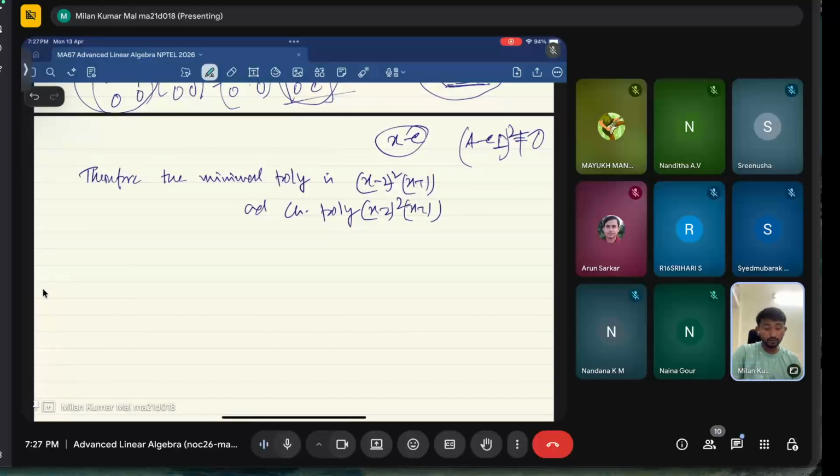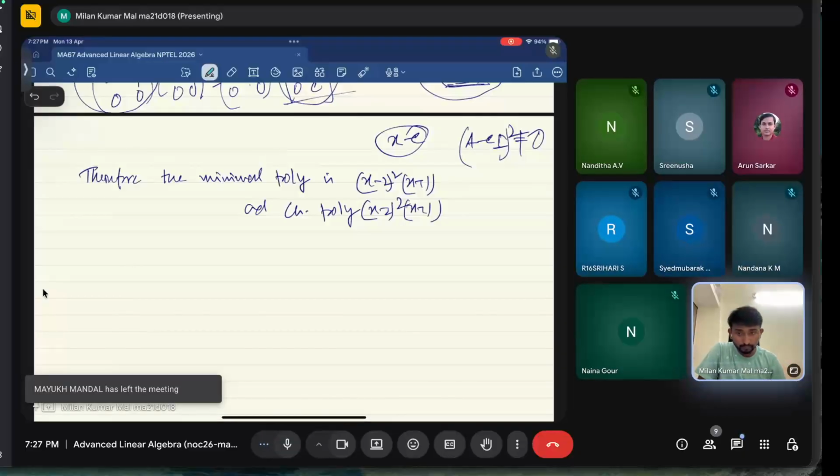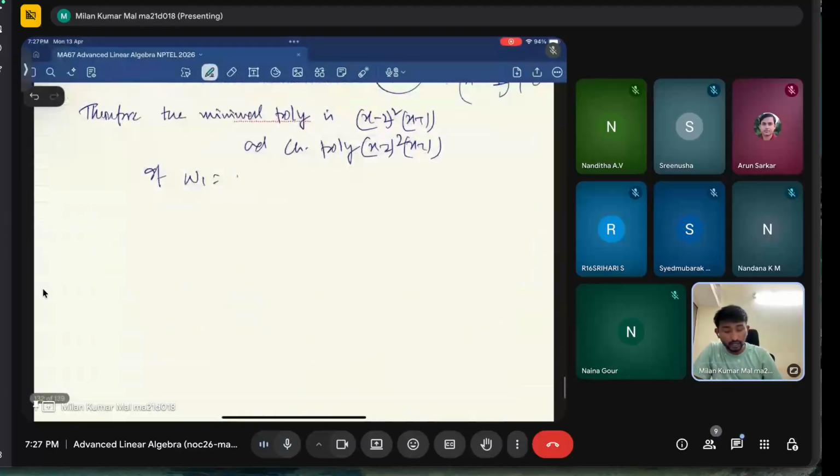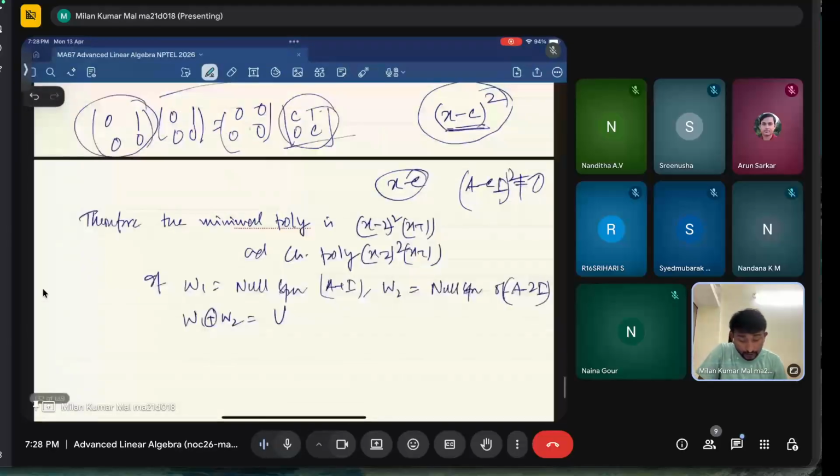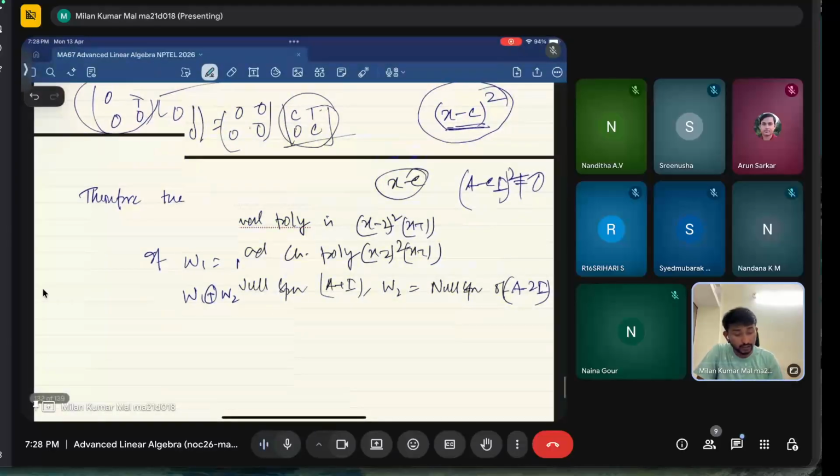Then by the primary decomposition theorem, W1 is the null space of A plus I, and W2 is the null space of A minus 2I. Then we know that W1 direct sum W2 has to be equal to the vector space V. But here I think W3 is the null space of A minus 2I, so it will be W2 plus W1 plus W3.